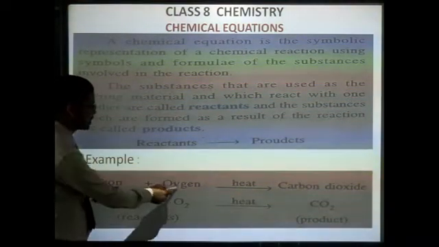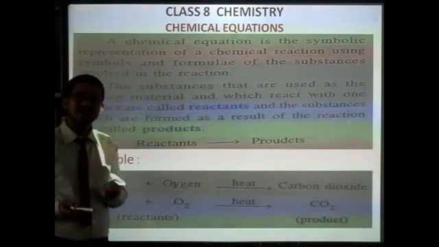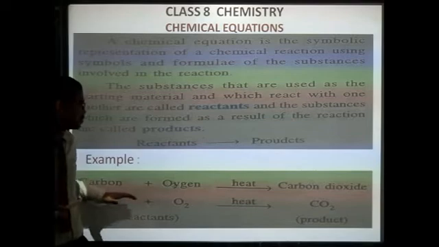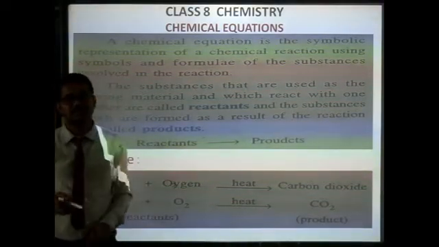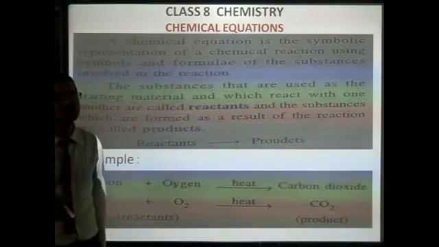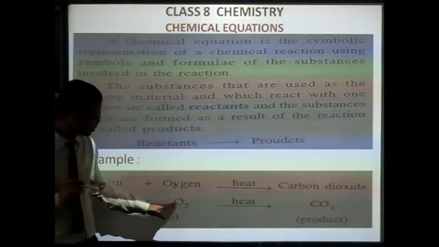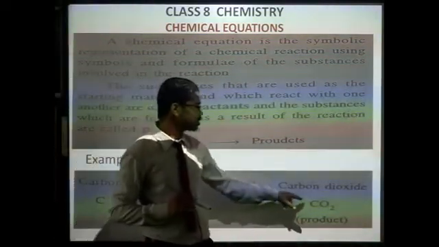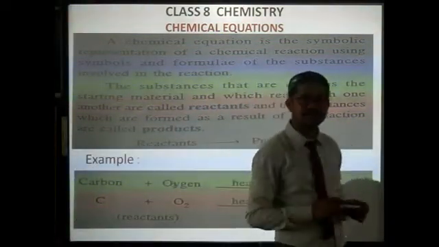So oxygen being a diatomic element, it exists in nature in the form of an oxygen molecule, not in the form of an oxygen atom. How it exists in nature, that we write in the chemical equation. So oxygen molecule O2, on heating gives CO2, carbon dioxide.